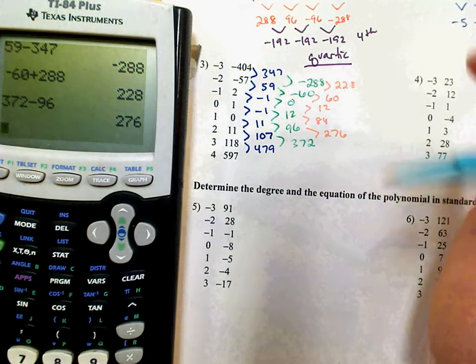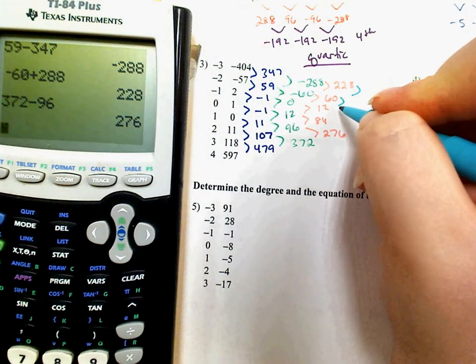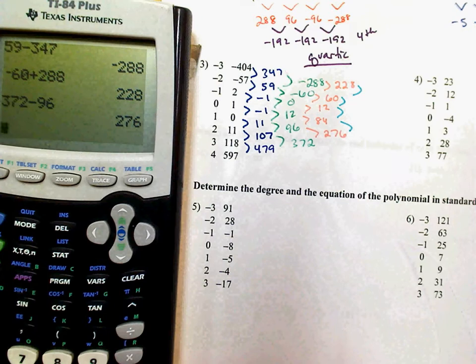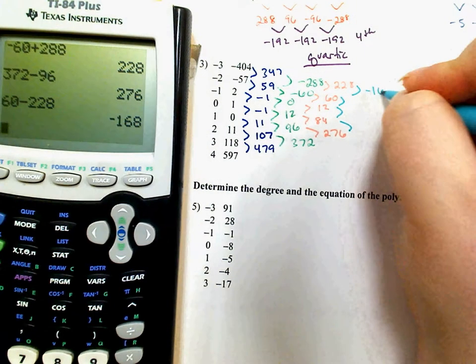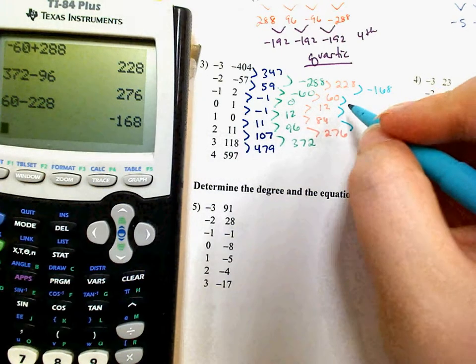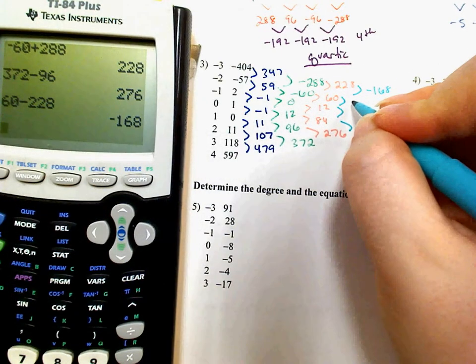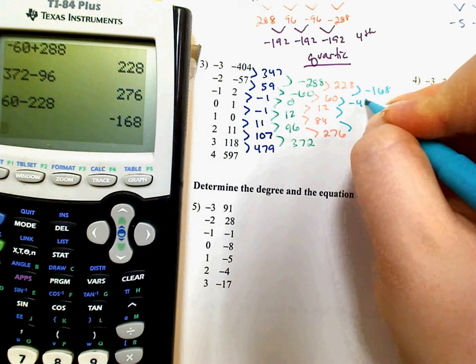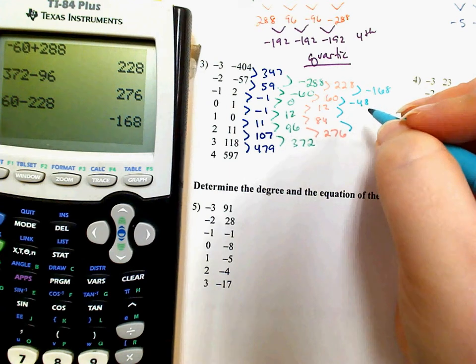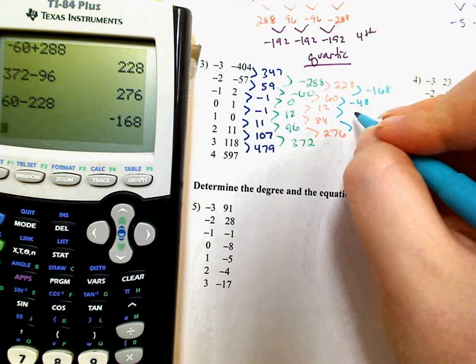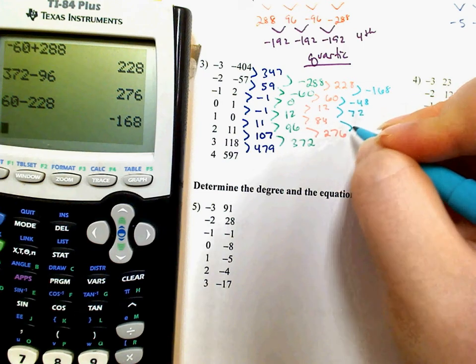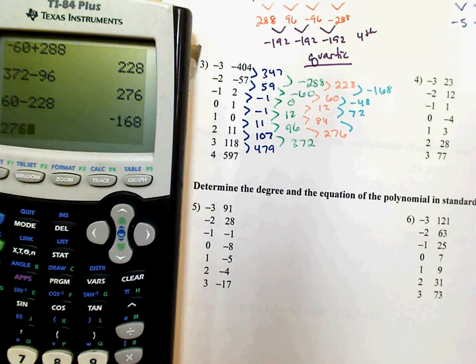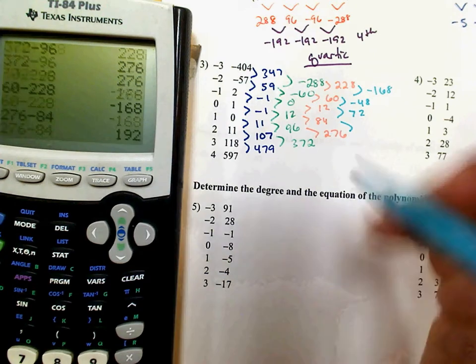Okay. So 60 minus 228 is negative 168. 12 minus 60 is negative 48. Is that right? Yes. 84 minus 12 is a positive 72. And 276 minus 84 is 192.